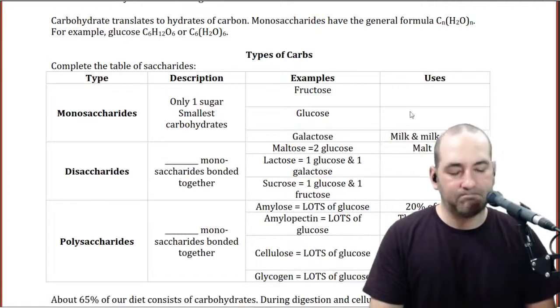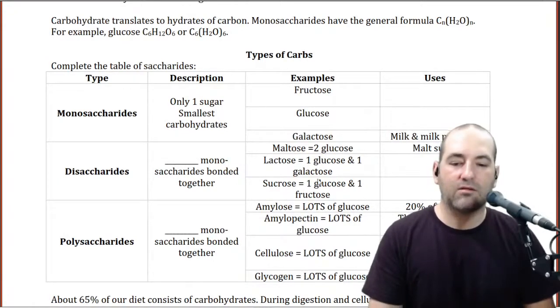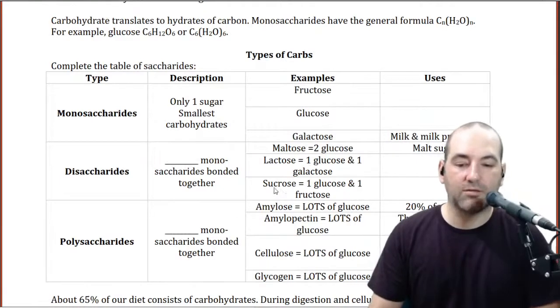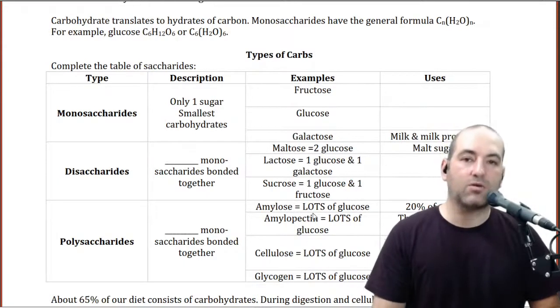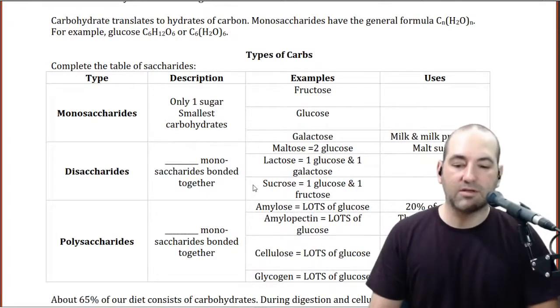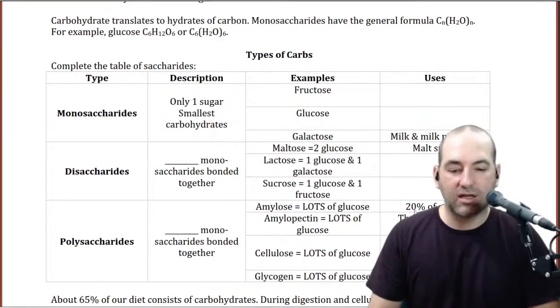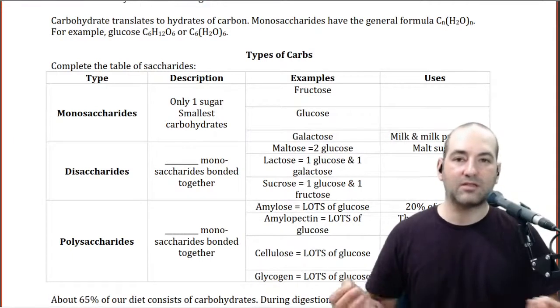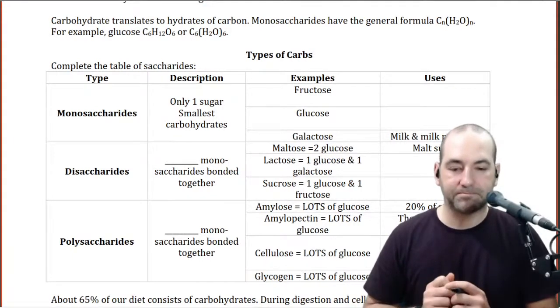You can look up what these are for, but monosaccharides like fructose, glucose, galactose; disaccharides, maltose, lactose; sucrose, which is table sugar, is a disaccharide of glucose and fructose. And then the polysaccharides are what we call starches or cellulose, things like that: glycogen, amylose, amylopectin, cellulose. Those are all examples of polysaccharides. So lots and lots of these molecules hooked together.